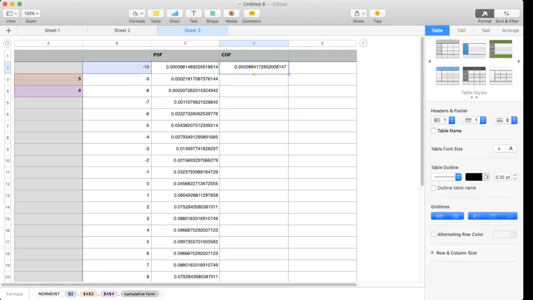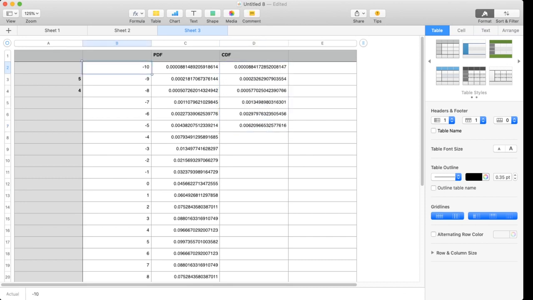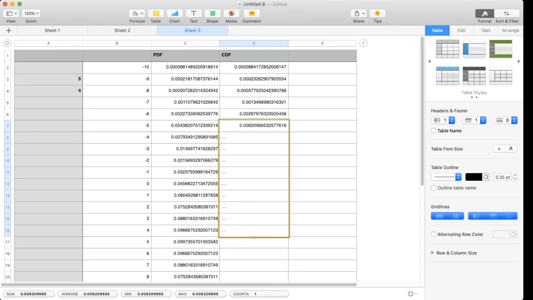Basically, I am getting a cumulative value, all the values from minus infinity to minus 10 are added up when I'm using the cumulative form. Ideally it should give me 0.5 at 5, because it has to be symmetrical around 5.